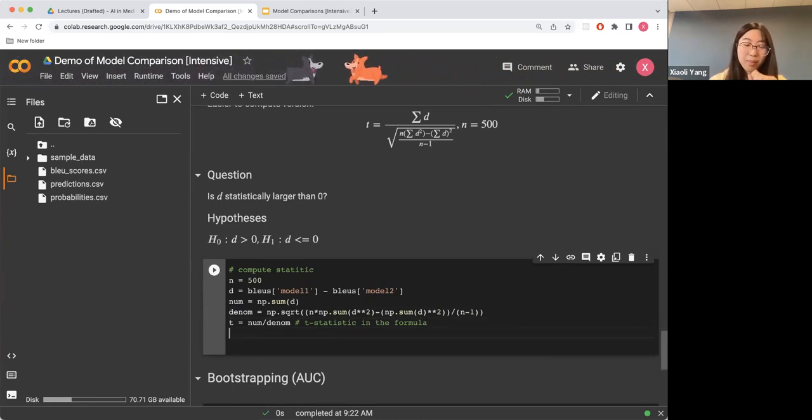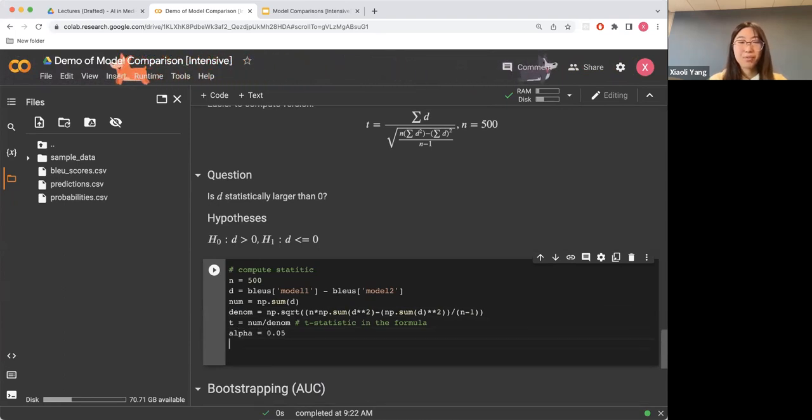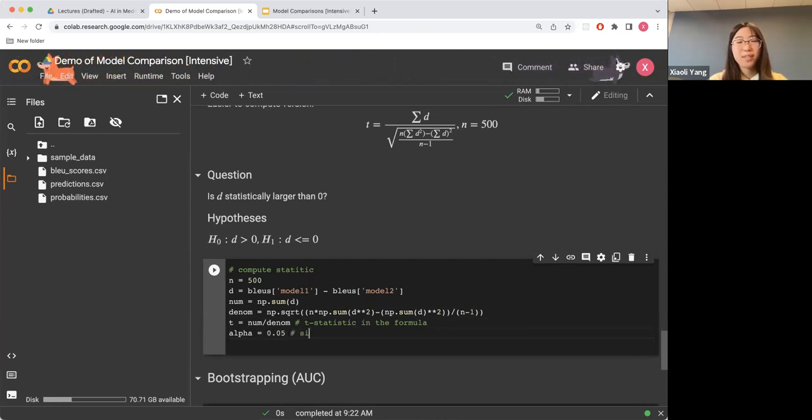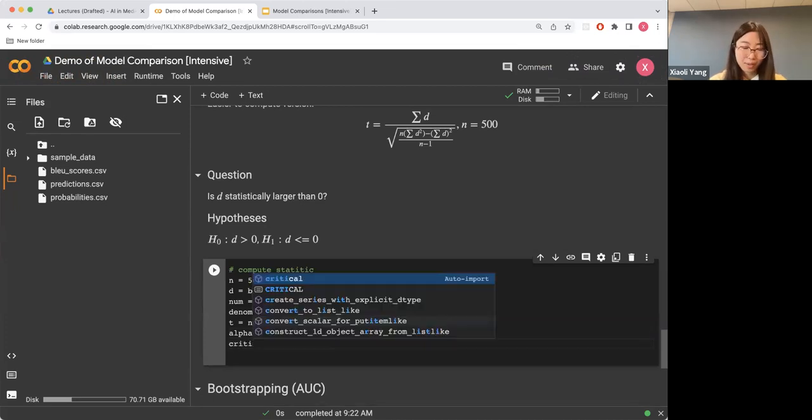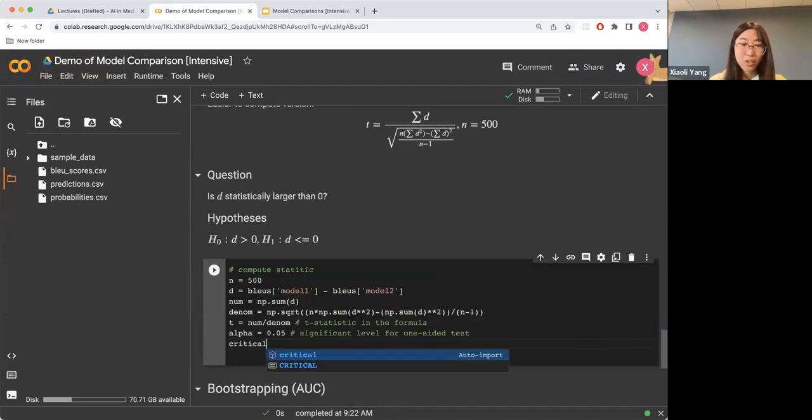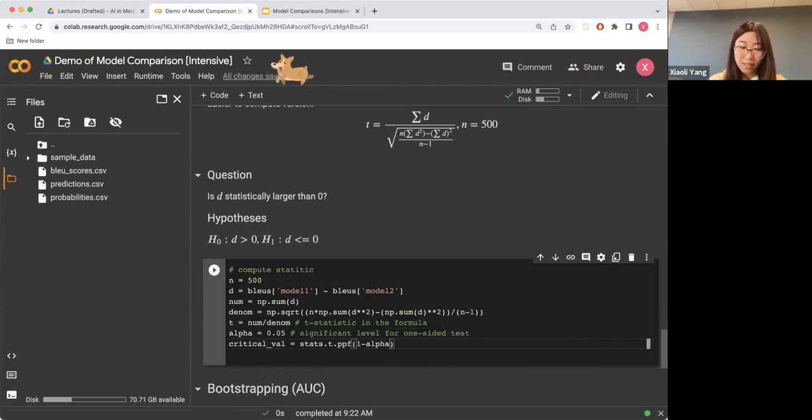Then we need to compare it to the critical value. Let's say we define an alpha value of 0.05 as the significance level for the one-sided test. Then we want to derive its critical value, and we directly extract it from the stats package: 1 minus the alpha threshold, with degrees of freedom n minus 1.